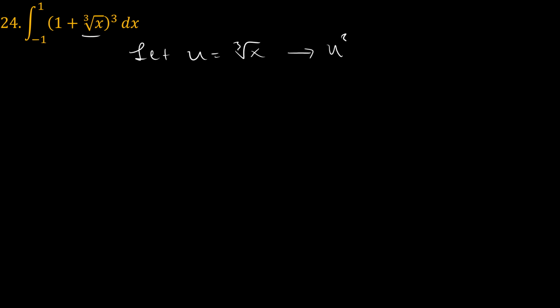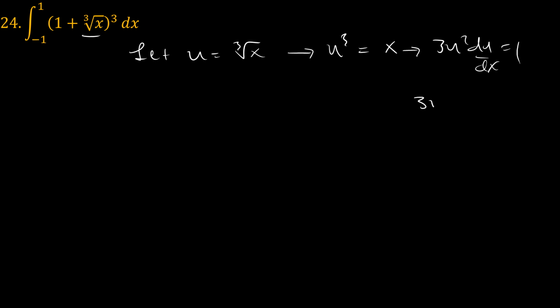Problem number 24, the definite integral from x equals -1 to x equals +1 of the cube of 1 plus the cube root of x. Definitely, I would like to substitute for that. I'll say let u be equal to the cube root of x, meaning that u cubed equals x, and therefore 3u squared du dx is equal to 1.